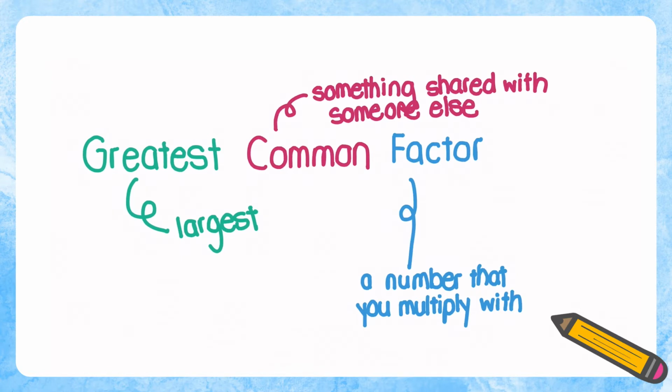And a good way to remember the idea of the greatest common factor is to break down the term. Greatest means largest. To have something in common means to have something shared with someone or something else. And a factor, like we looked at earlier, is a number that you multiply with.